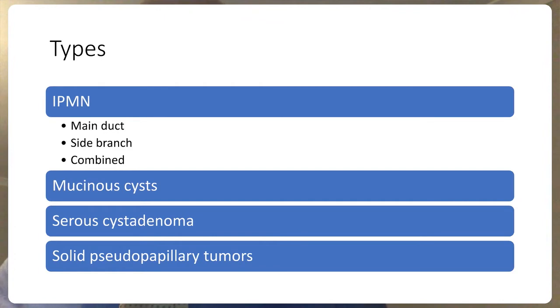IPMN stands for intraductal papillary mucinous neoplasms of the pancreas. This entity was discovered relatively recently, in the 1980s, with the increasing use of CT scan and MRIs. It was first described in Japan by Japanese doctors who diagnosed them and gave them the name intraductal papillary mucinous neoplasm.